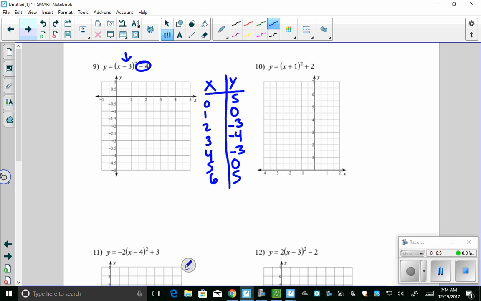So 0, 5, doesn't give me enough room. 1, 0, 2, -3, 3, -4, 4, -3, 5, 0.